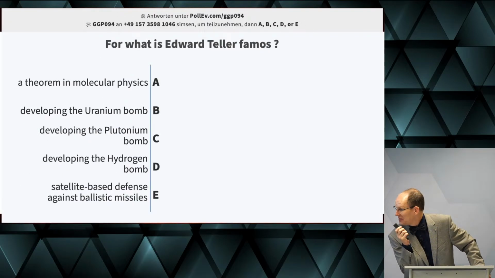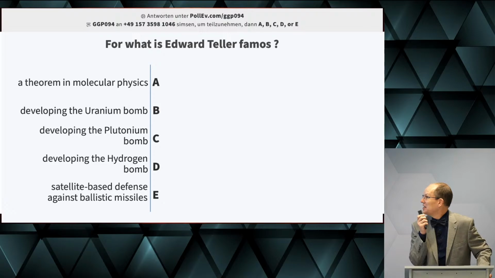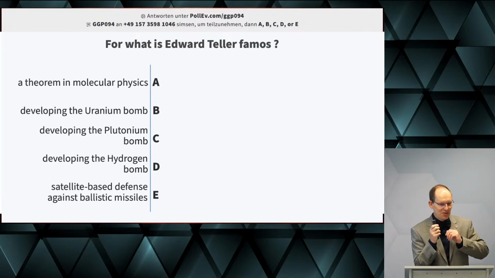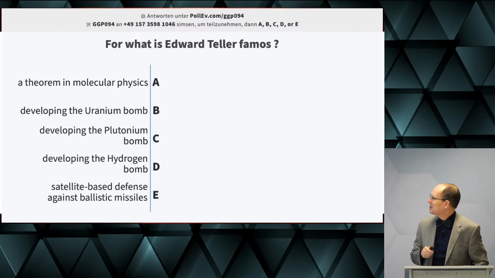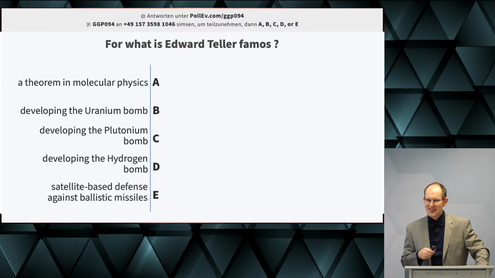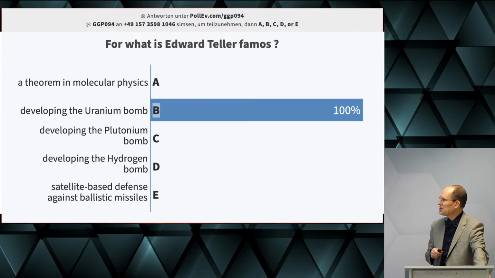Because you may not know who Edward Teller was, I thought it would be interesting to ask the question: for what is Edward Teller famous or infamous? For a theorem in nuclear physics, for developing the uranium bomb, the plutonium bomb, the hydrogen bomb, or satellite-based defense against ballistic missiles?